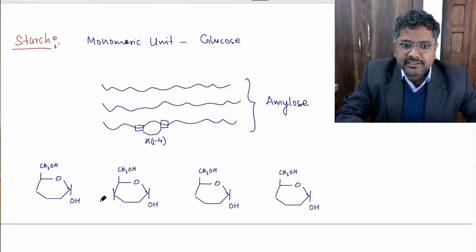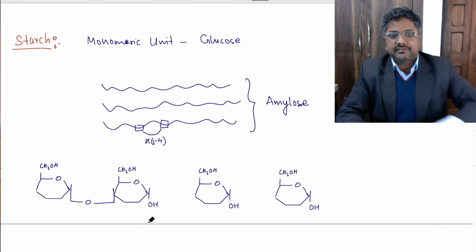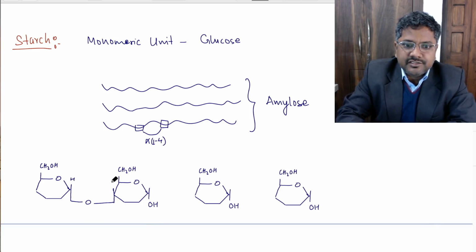So there is an interglycosidic linkage. The polymeric chain is formed like this, like this, right? Here this is H, this is H. Don't consider carbon here. Only I have shown it like this.